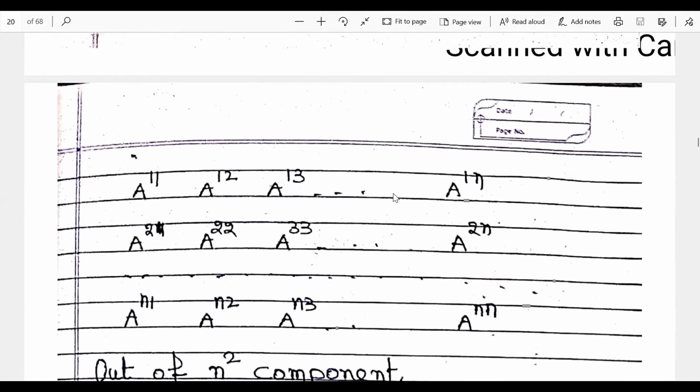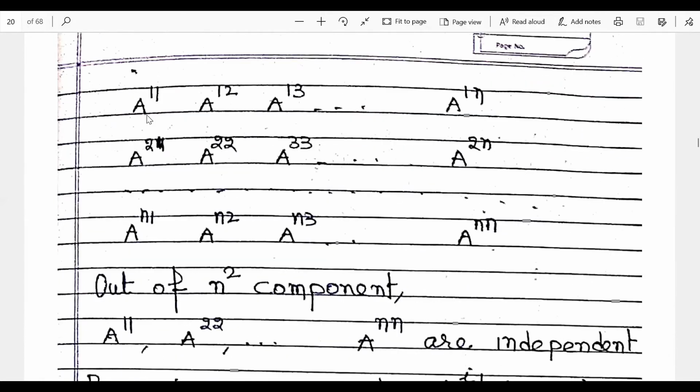Now this n square can be written in this form: a11, a12, ..., a1n, a21, a22, ..., a2n, and so on up to an1, an2, an3, ..., ann. So these are the n square components.